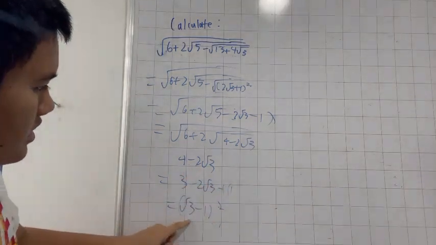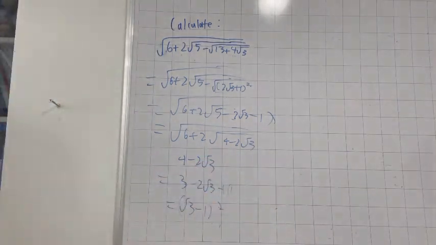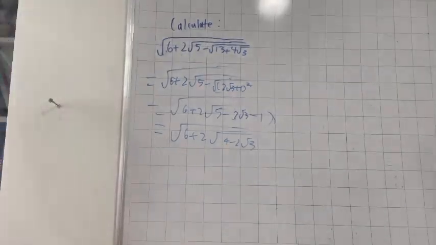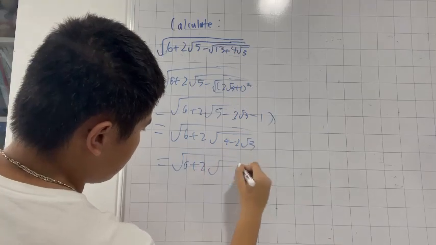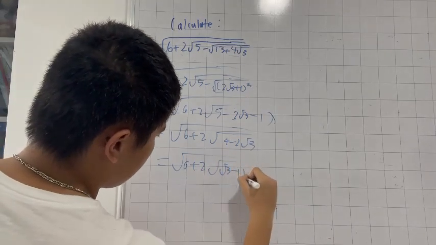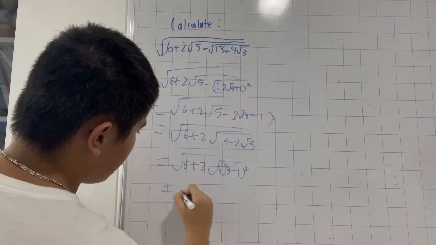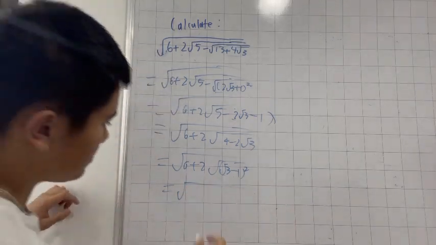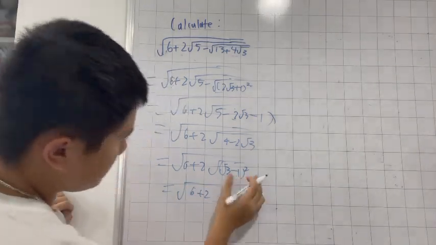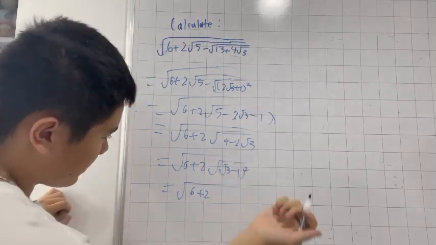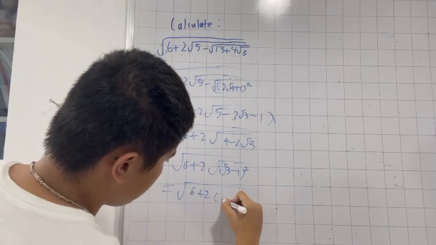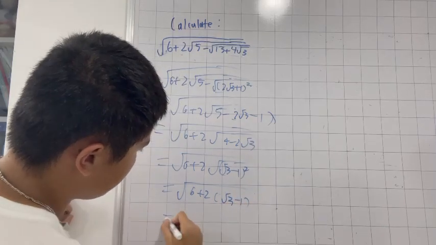So we're going to replace this here. All right, so that'll be equal to square root of 6 minus square root 3 minus 1, squared, and this will cancel out, the square root and the square will cancel out. That will be equal to square root 3 minus 1, see?